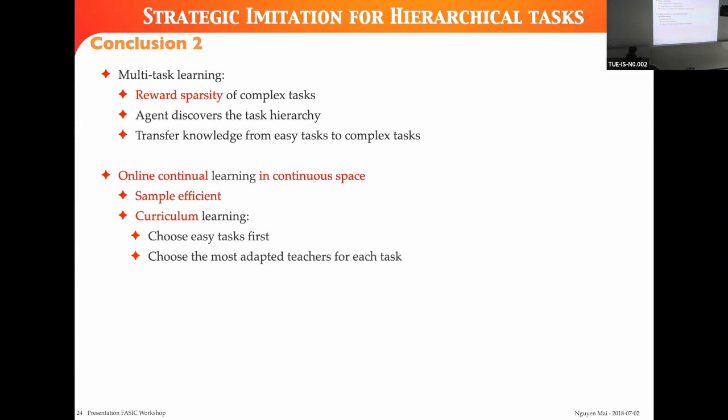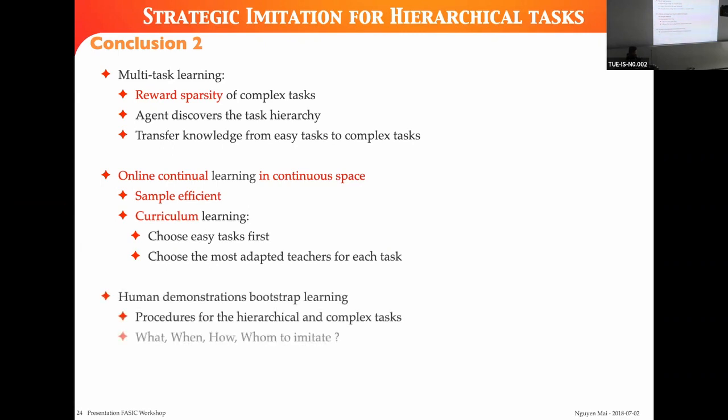And we showed that it's sample efficient and it can devise by itself its curriculum by choosing easy tasks first and then choosing the most adapted teachers for each task. In terms of human demonstrations, it can bootstrap the learning by using procedures for the hierarchical and complex tasks, whereas it will choose policies for easier tasks. And it can choose what, when, how, and whom to imitate by using the same formula for the reward function that is linked to the progress.